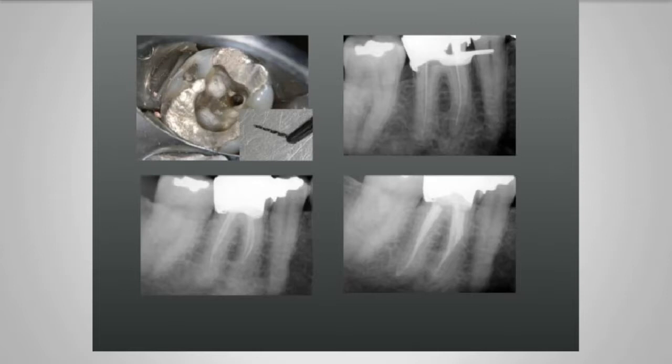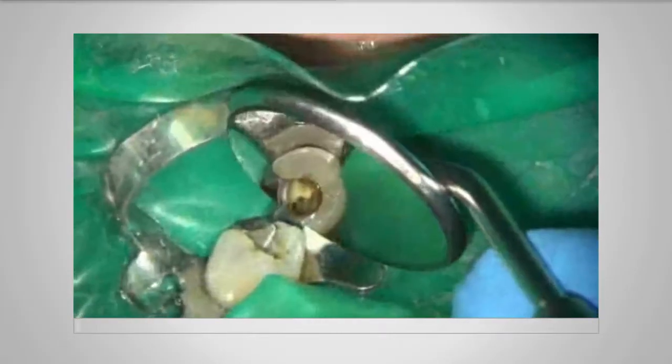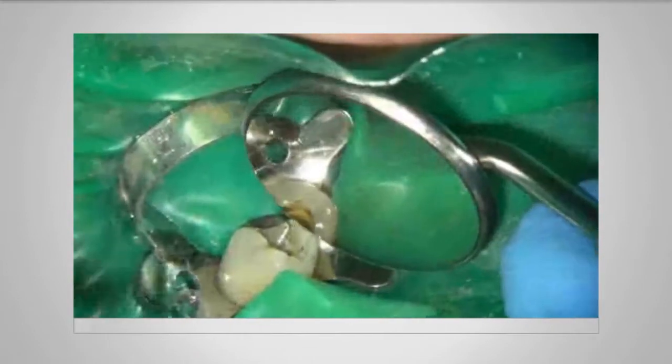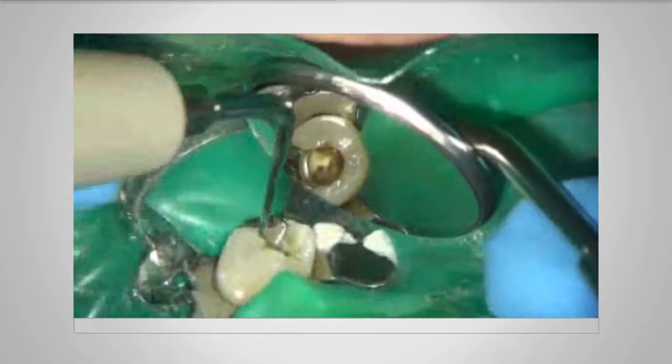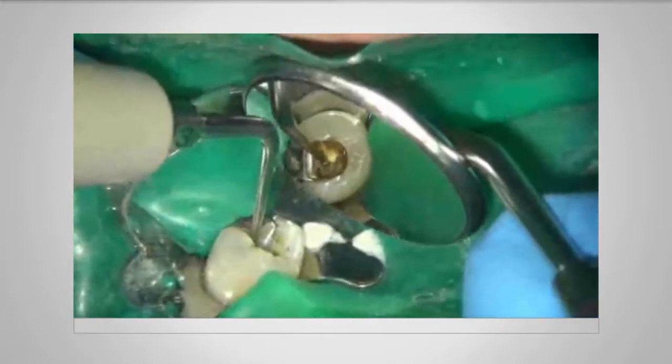So let's have a little look at the IRS in action. Here we are. This is a premolar tooth with a couple of pieces of broken instrument in it, and we're going to retrieve those using the IRS system. I'm using a Startex number 3 tip first to remove cement from the coronal aspect of the root canal.